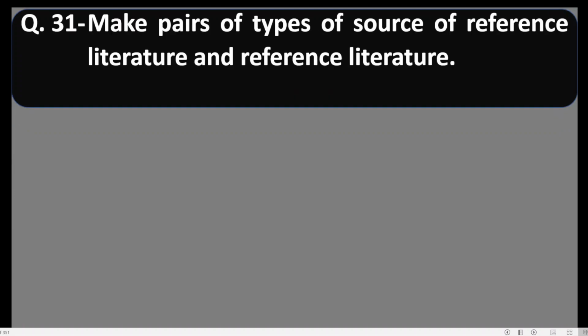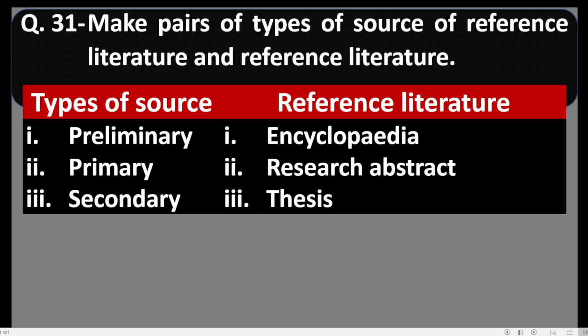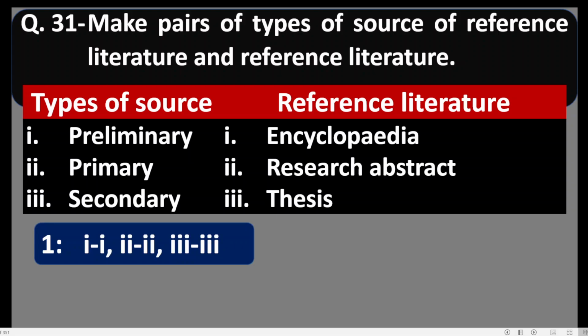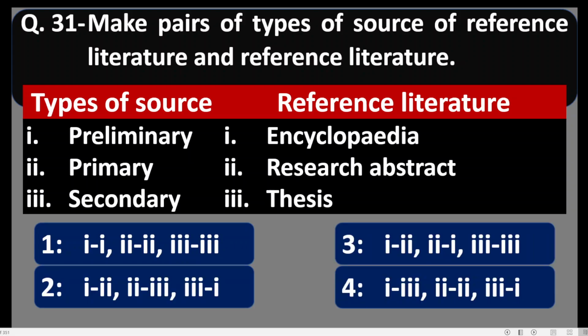Make pairs of types of source of reference literature and reference literature. The options are types of source: number 1, preliminary, number 2, primary, number 3, secondary. In the second group, number 1 is encyclopedia, second is research abstract, and third is thesis. These are the options of the pairs.